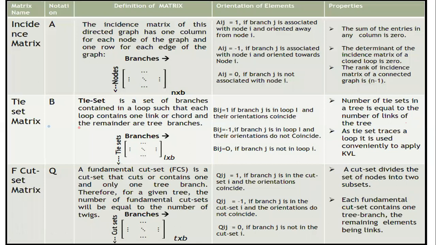So now after these fundamentals, we will go for three matrices which are very, very important. One is the incidence matrix, another one is the tie set matrix, and the last one is the cut set matrix.